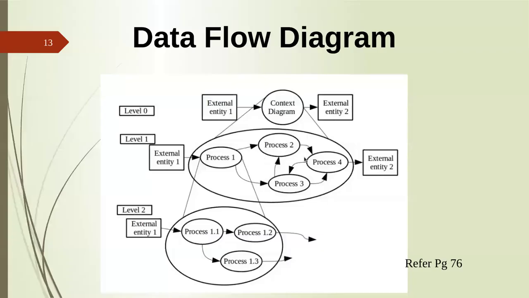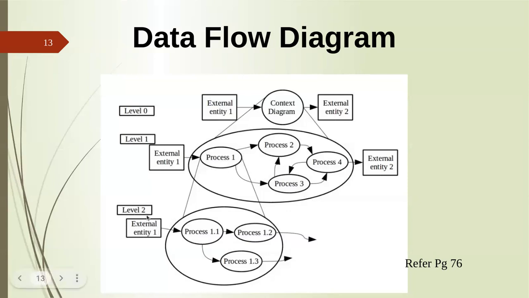Then we expand inside this context diagram the processes 1, 2, 3, 4 like that. There may be many processes, but in each level we can limit to a maximum of 7 processes.